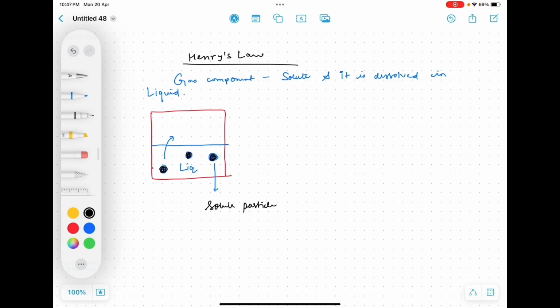So what we have learned is that these solute particles and their concentration is directly related to the partial pressure of the liquid phase.